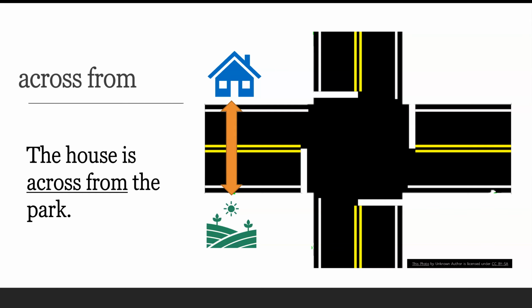Maybe a street, maybe a river, some water, maybe a freeway, right? But there's something that we need to cross. And you can imagine crossing with your bicycle, walking, or in the car, so you're crossing the street, right? You might see this as in front of or opposite from. Those are different ways to use it. Okay, but here we're using across from.